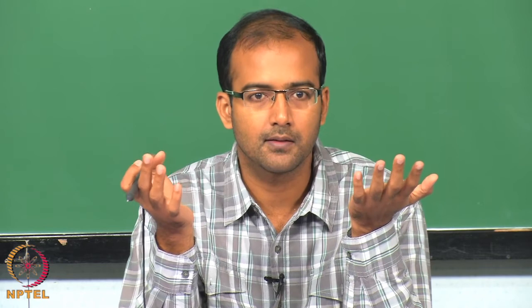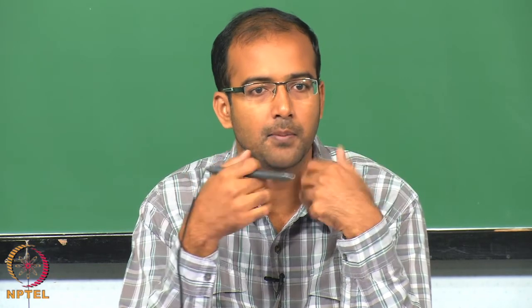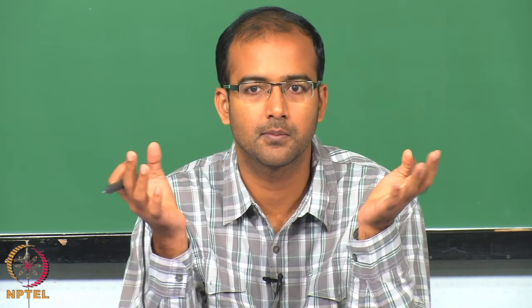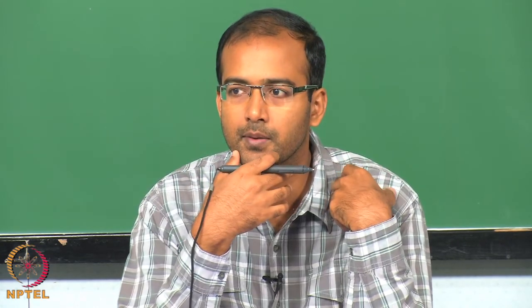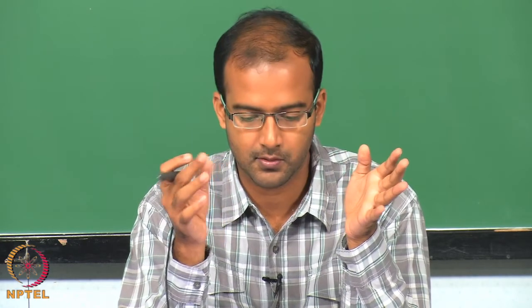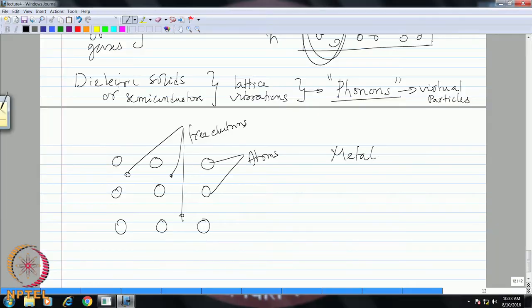If you look at metal, in the case of metal, what happens? You have an abundance of conduction band electrons. They are all free electrons and they are primarily responsible for heat transport. So, in the case of metals, it is basically the electrons which are responsible for heat conduction.